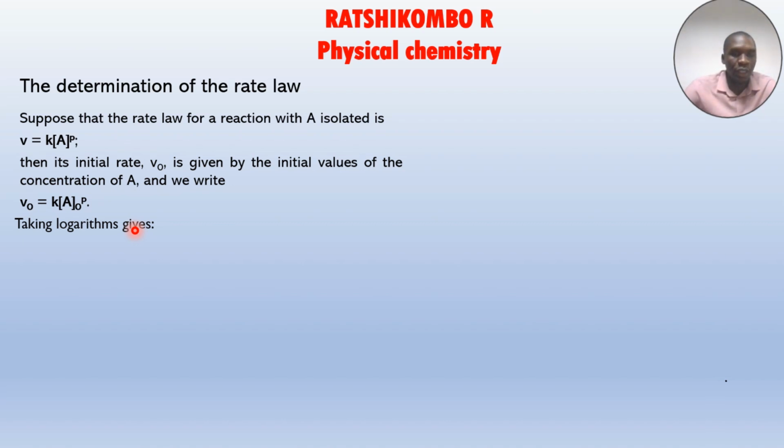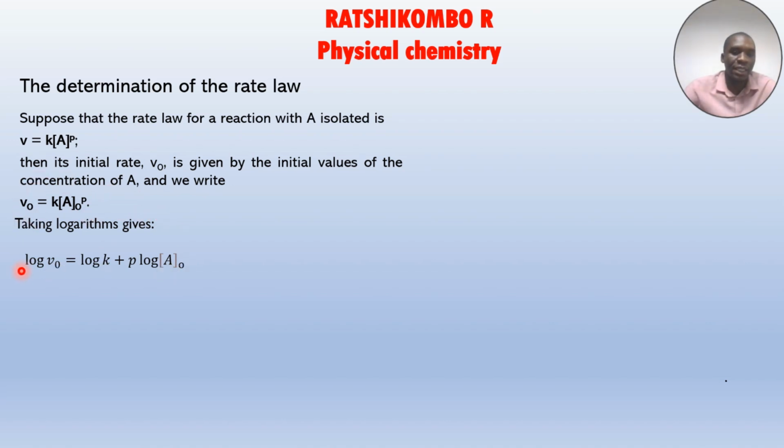We introduce the logarithmic function. If we take the log of this equation, we get log V0 equal to log K plus P log A0. That is what the logarithmic equation looks like.